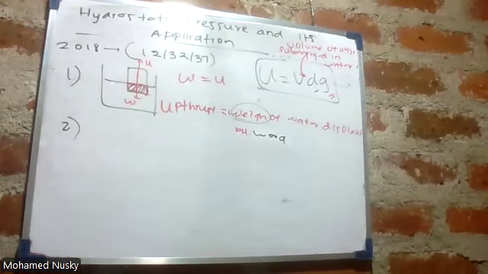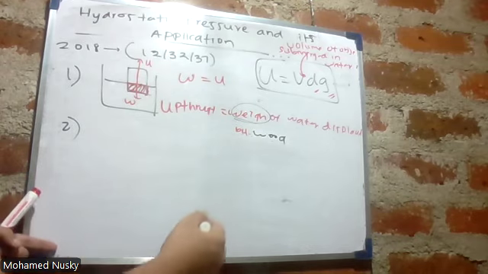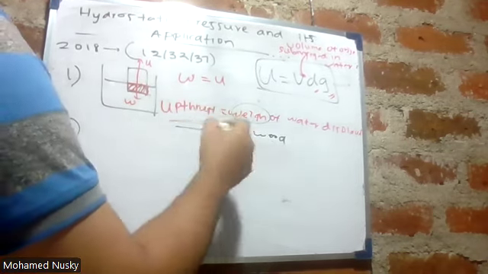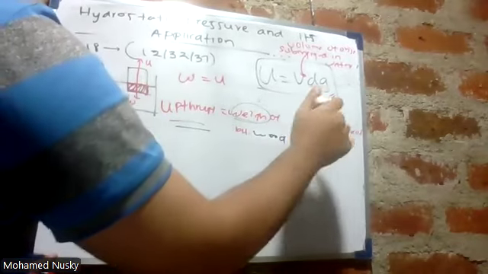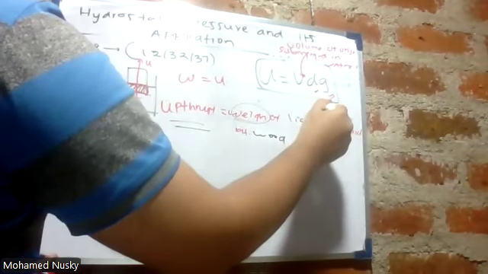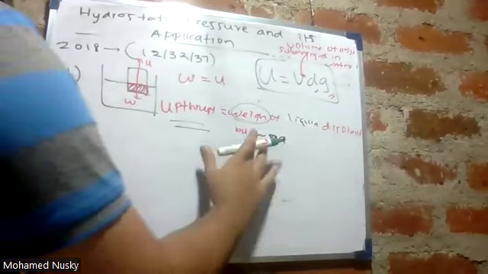Now, what is the equation for upthrust? Weight of water displaced by wood, or weight of liquid displaced by A in this case.